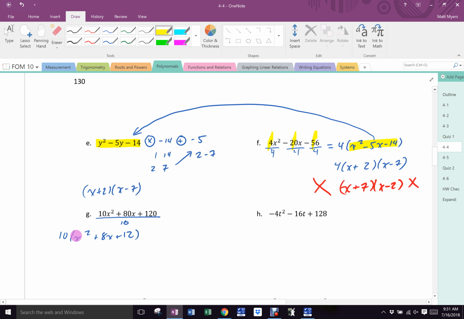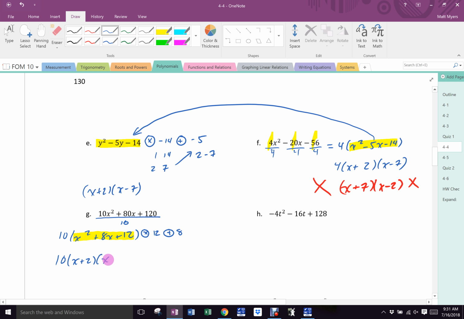Now, I might be able to factor that. Let's try. If I can factor it, I need to multiply to what? 12 and add to what? 8. Is it 1 and 12? Is it 2 and 6? Yep. So it's 10, x plus 2, x plus 6.